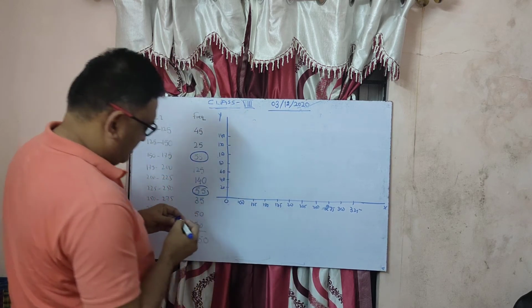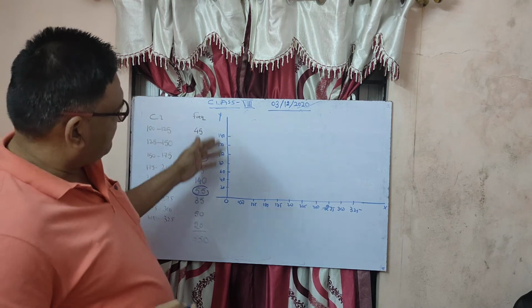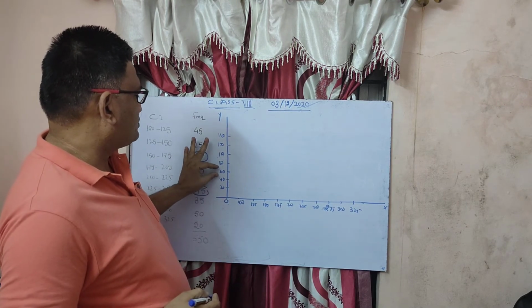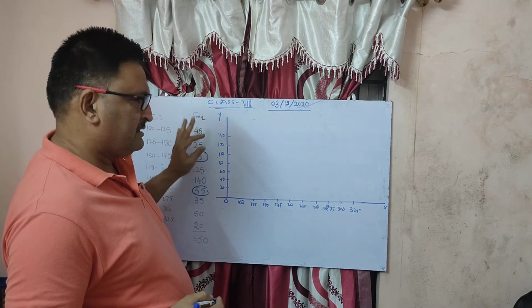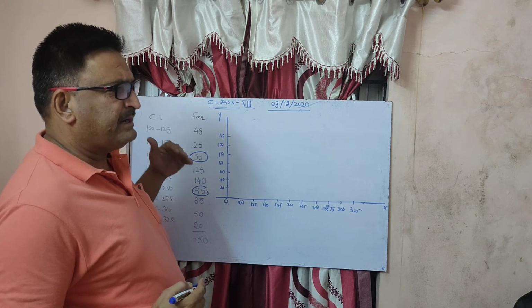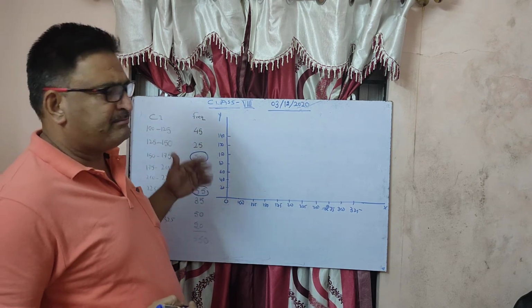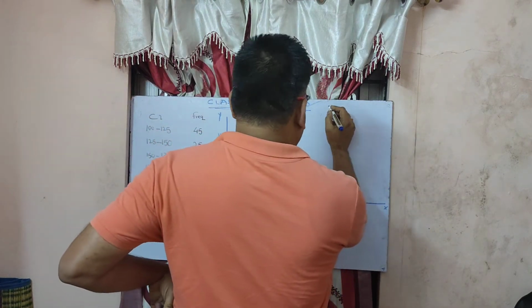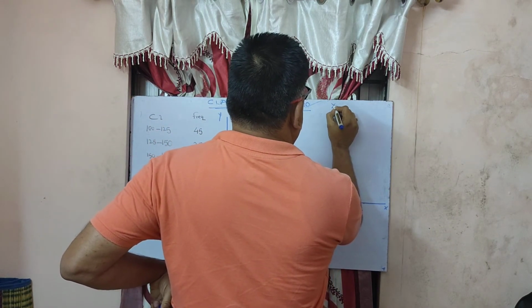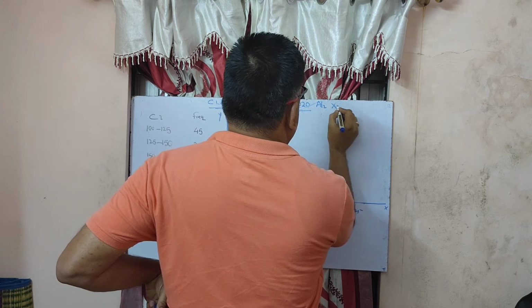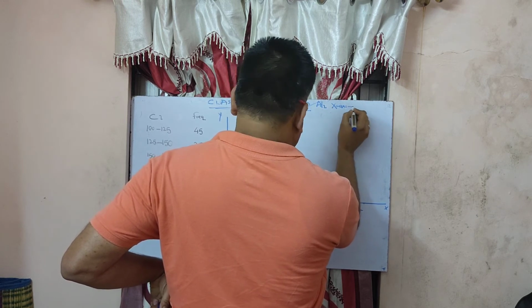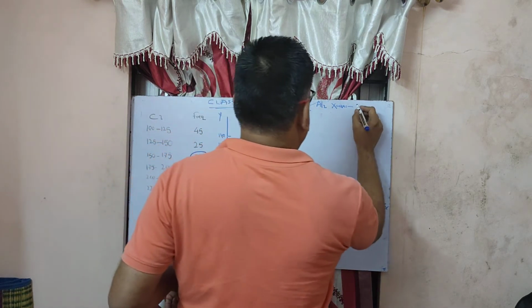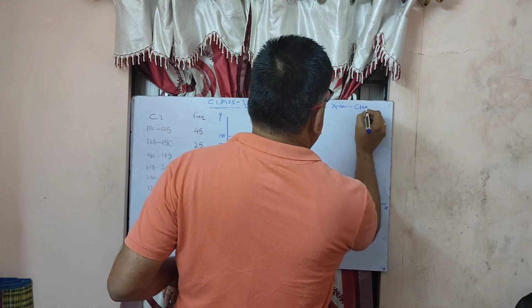You need to remember, whenever you take numbers, the difference should be the same. Means some pattern should be applied here. You have to write along the x-axis. So what is this? Class interval.